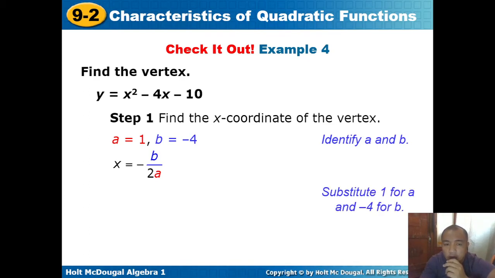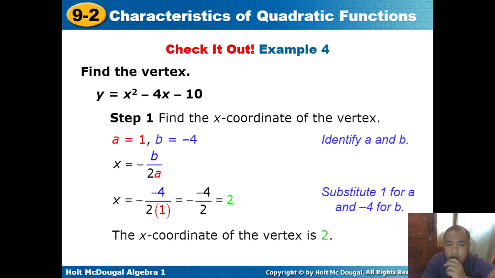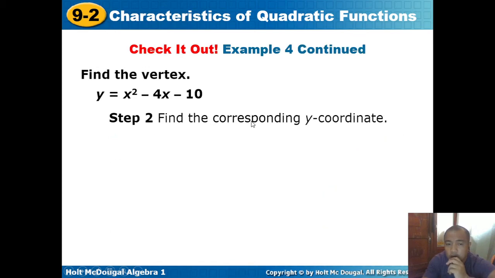Substitute 1 for a and negative 4 for b: negative negative 4 over 2 times 1 is positive 2. So the x-coordinate of the vertex is 2. Now let us solve for y. Substitute 2 for x in the original equation so that you can solve for y. Use the function rule.